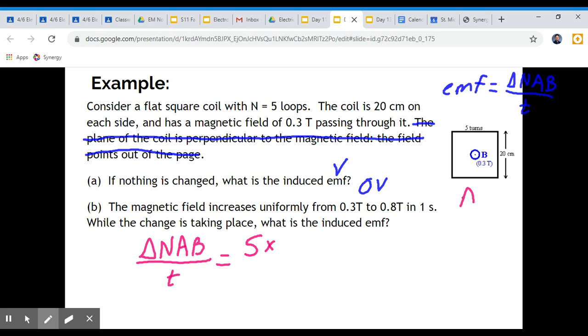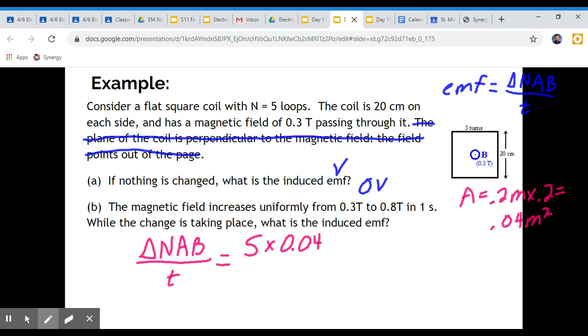So here we have a square, so it's going to be solving for the area of that square. We have 20 centimeters. Reminder that we want it in meters. So I'm going to do 0.2 meters multiplied by 0.2 meters, and that should give you cross-sectional area of 0.04 meters squared.